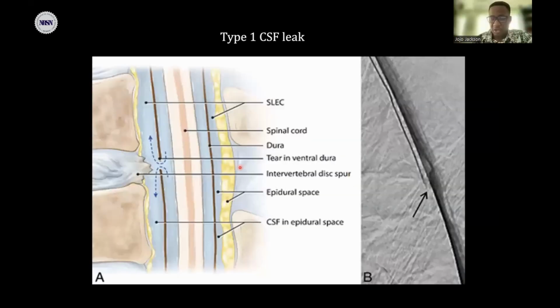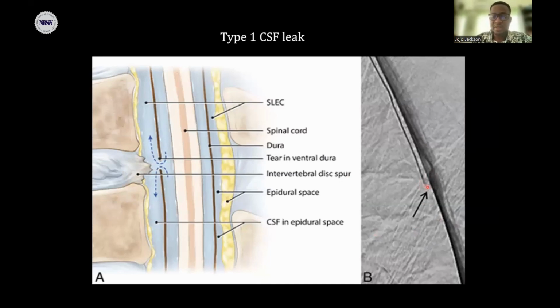Leak is where you have spurs or degenerative changes of the intervertebral discs causing a tear in the ventral dura. Now we have CSF leaking, and the CSF can then go a long way and travel along the ventral epidural space of the patient.